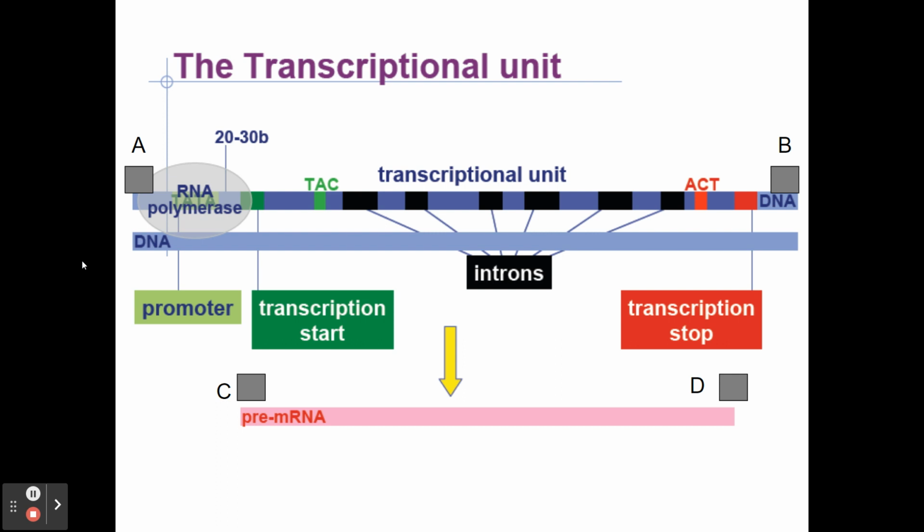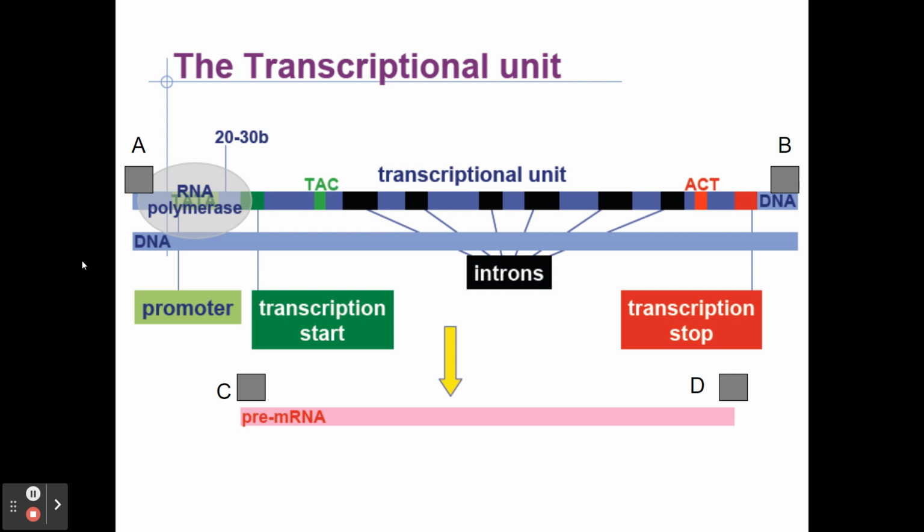Okay, so what we see here is we have our transcription unit. This is a single gene. And again, I just want to repeat once again for all y'all, how do replication and transcription and translation differ? DNA replication only occurs when the cell is going to divide, number one.